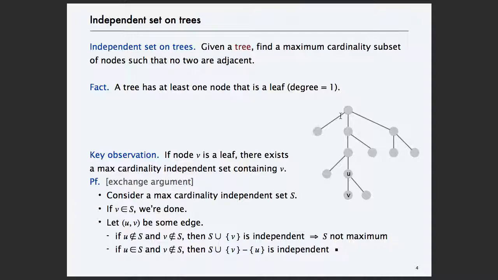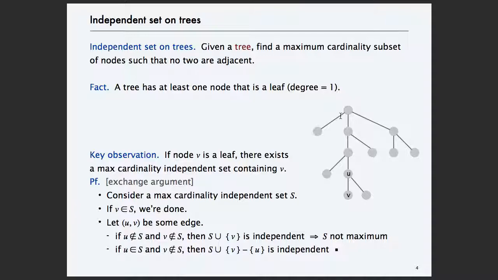Find a maximal set of nodes such that there is no edge between them in a given graph. We saw that it's NP complete. Now, on a tree, it's not. On a tree, you have at least one node that is a leaf, a node not attached to anything else.